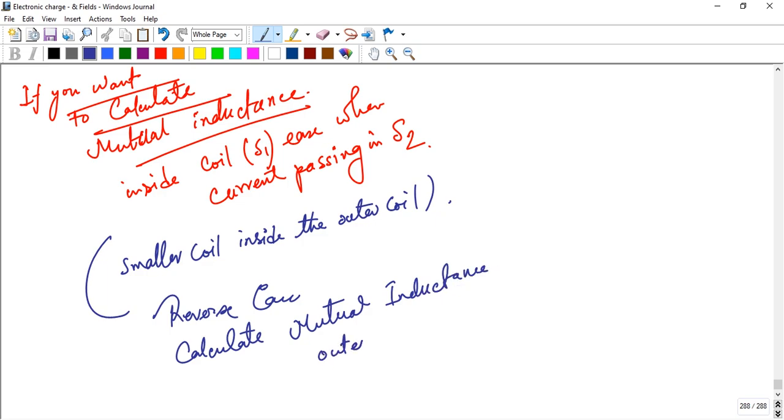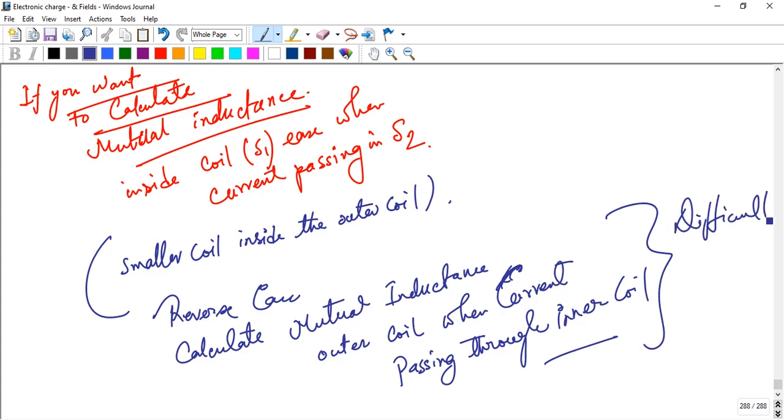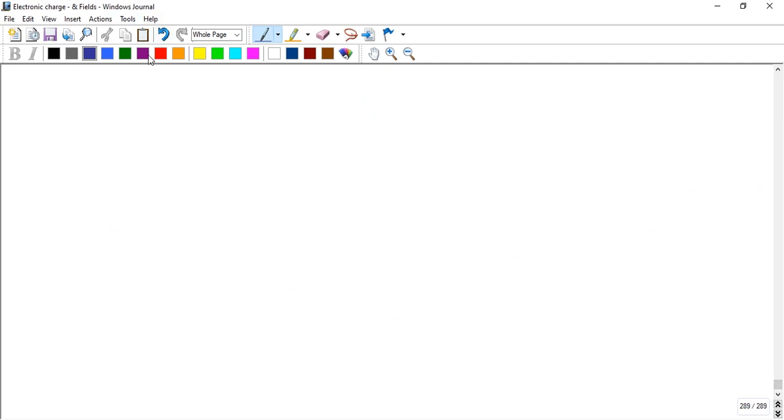That is a little bit difficult to calculate, so to remove the difficulties we choose M12 equal to M21, that is equal to M.